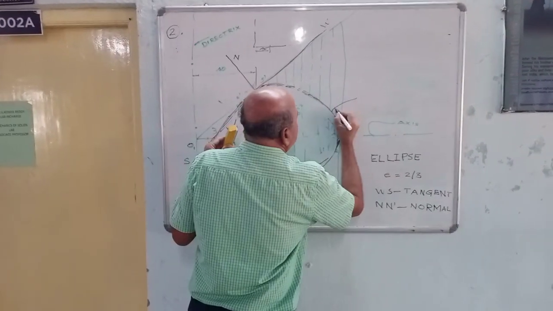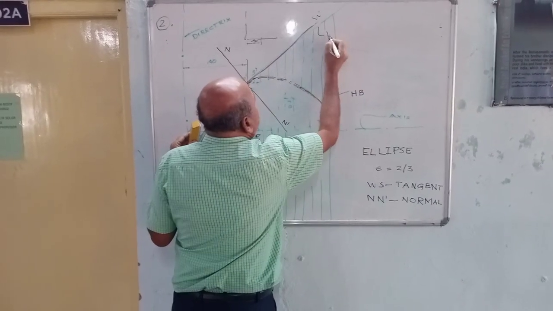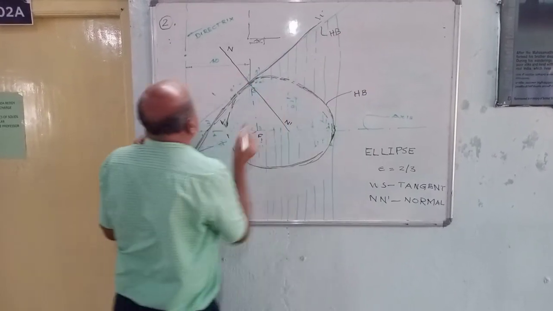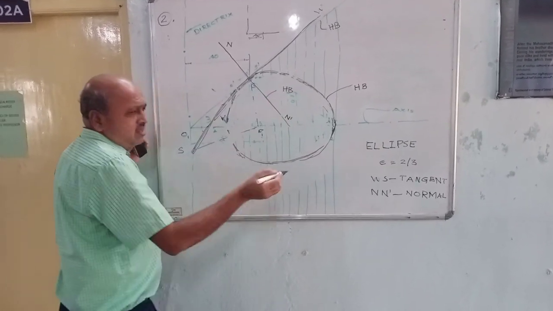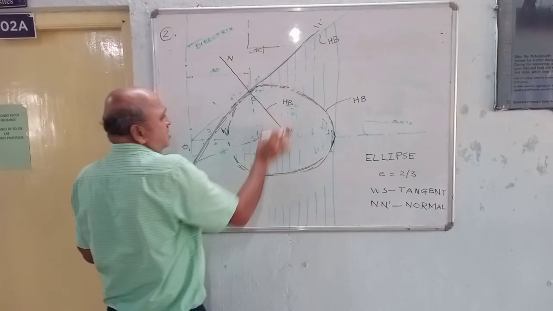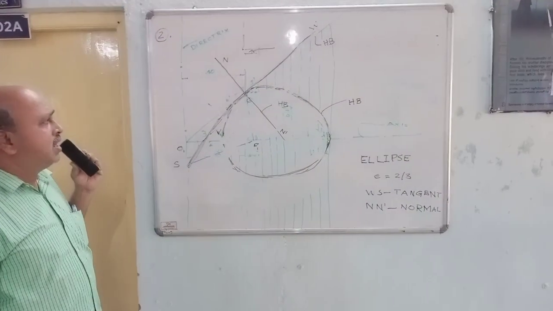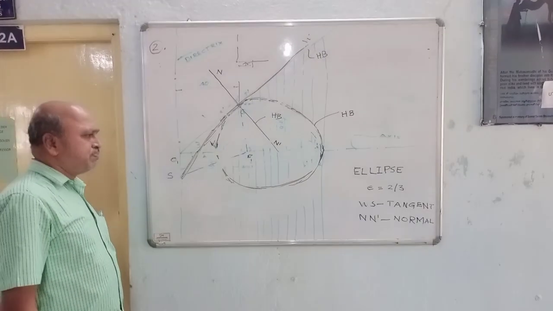Don't write it just for your understanding. Here this normal and tangent also with HB pencil. And for all the remaining lines use 2H pencil, because our curve and the tangent and normal are important. This is how we have to proceed. Thank you.